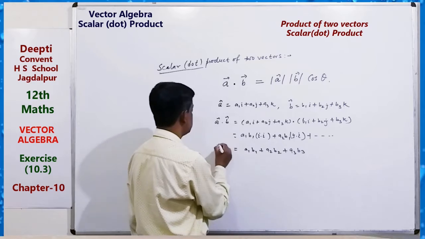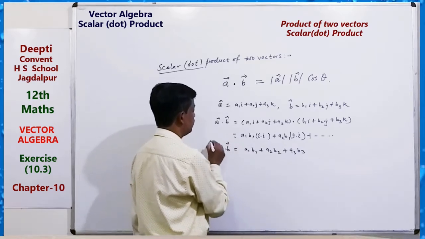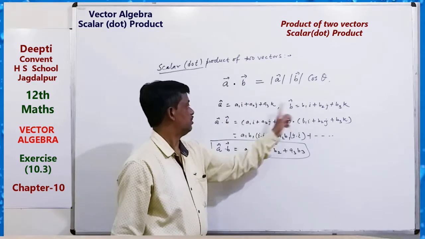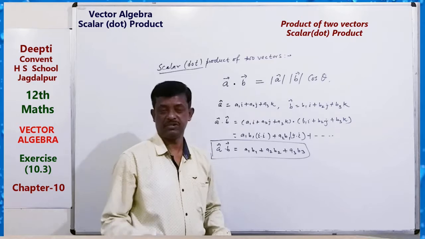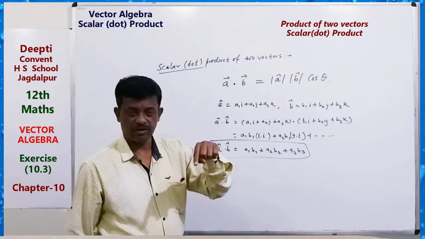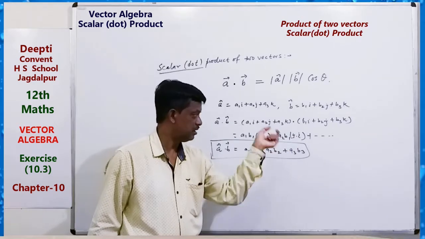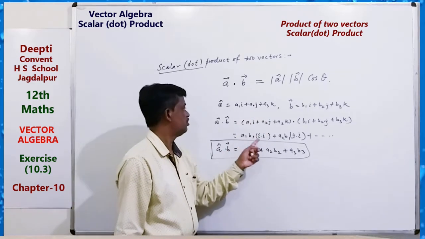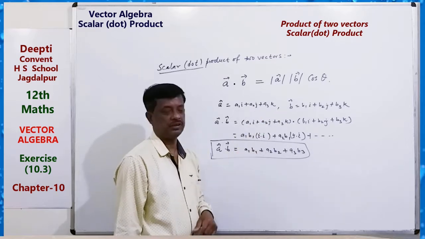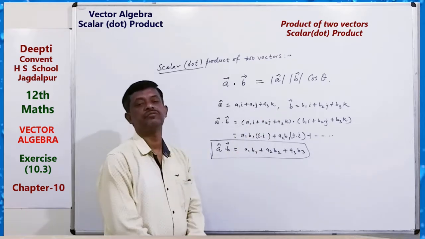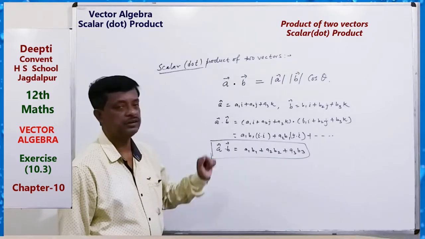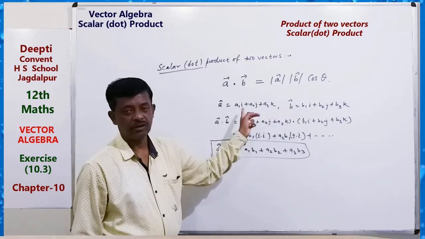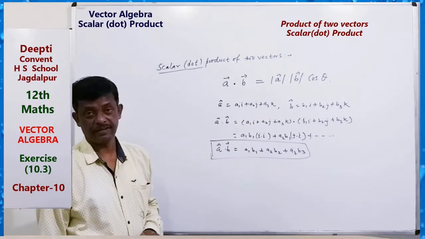Because I dot I, J dot J, K dot K are 1 and the products of different combinations are 0. So this is the value of the dot product in component form. Clear?